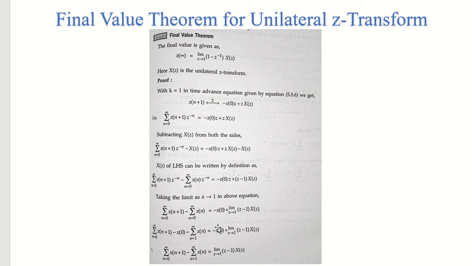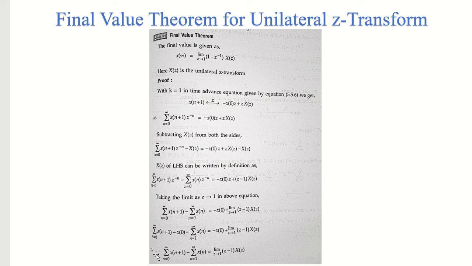When you equate it, you can cancel this minus x of 0 from both sides, and your equation will look like this: summation n equals 0 to infinity x of n plus 1 minus summation n equals 1 to infinity x of n, which will be equal to this other term, right?